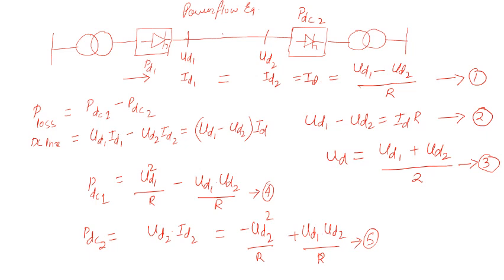If you put the value of ID here, you will get UD1 minus UD2 square divided by R. So the power loss is UD1 minus UD2 divided by R, and that's whole square, right?